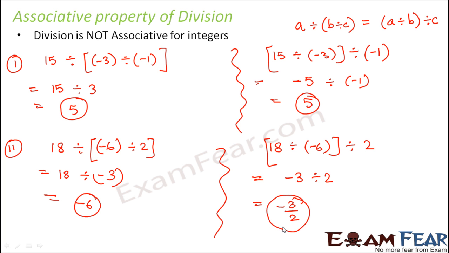So do you think both are equal? They are not. Therefore, (A divided by B) divided by C is not equal to A divided by (B divided by C). So this is not equal. Now if you want, you can take more examples and you will see that there might be certain cases where by coincidence this holds true, but it is not universally true for all the cases.